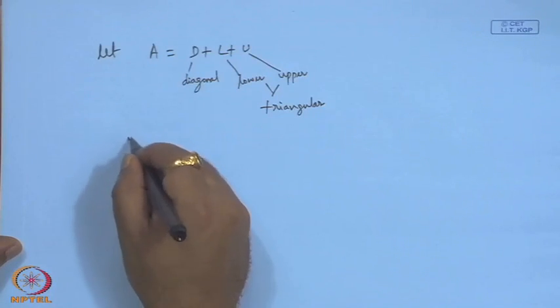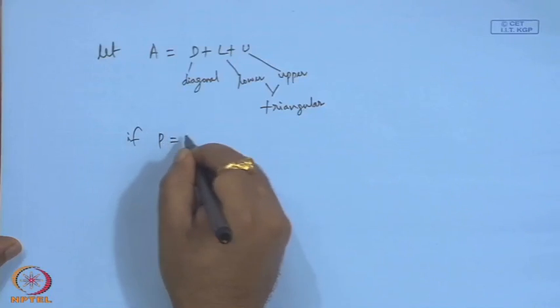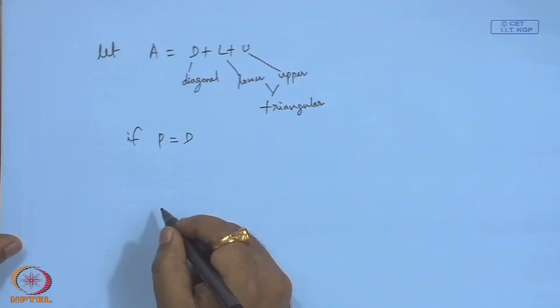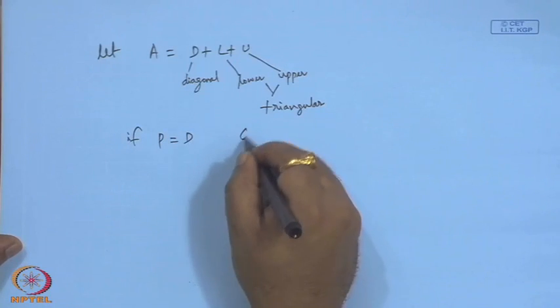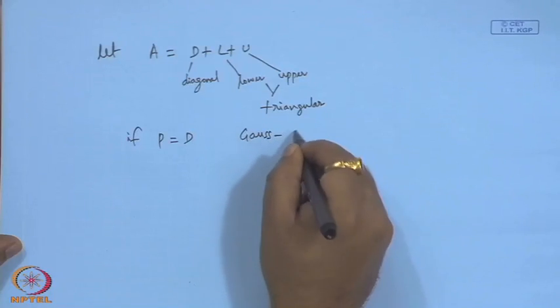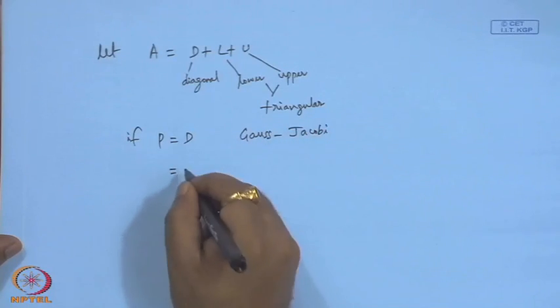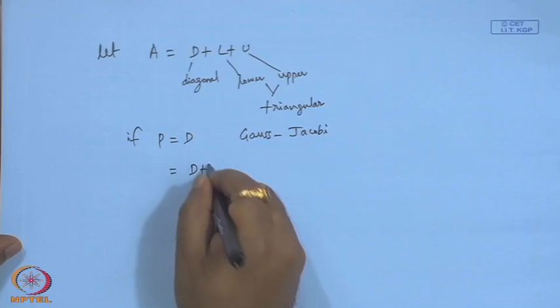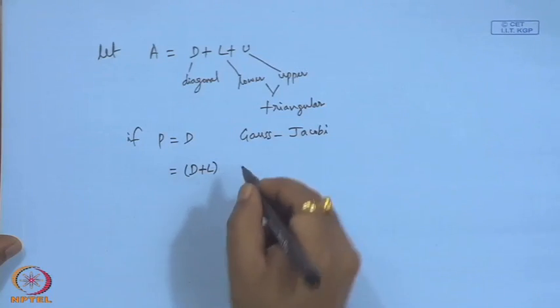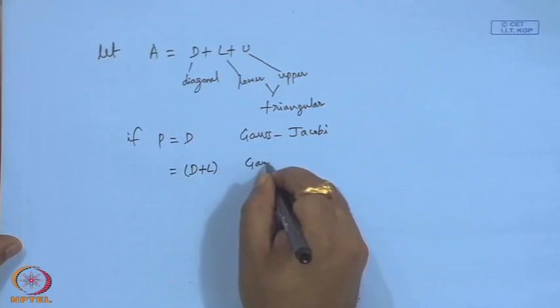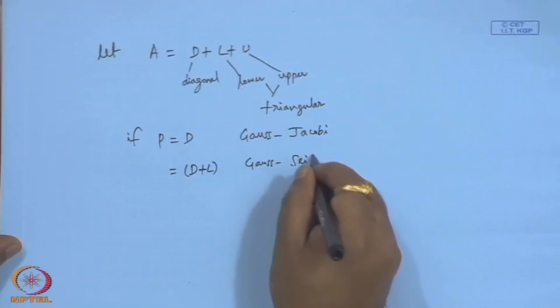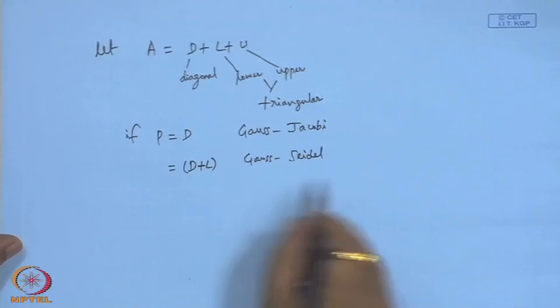Now, if P equals D, then the method is called Gauss-Jacobi. If P equals D plus L, then the method is called Gauss-Seidel. We will see in detail anyway.